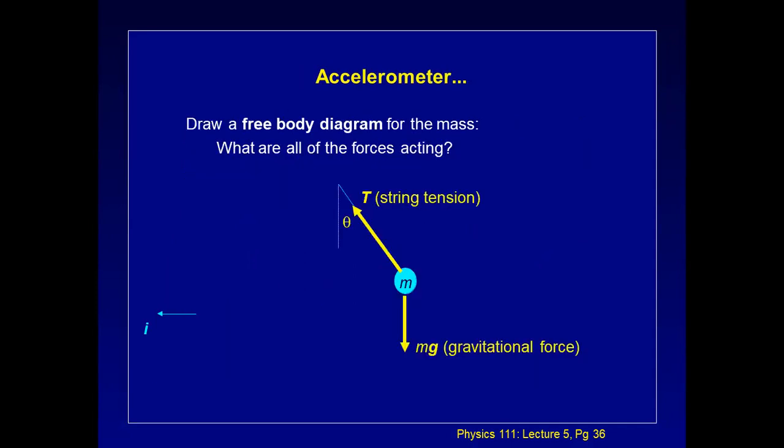If we're going to draw the free body diagram of the accelerometer, we have the mass m, the weight with the gravitational force mg, and then the tension at angle theta.